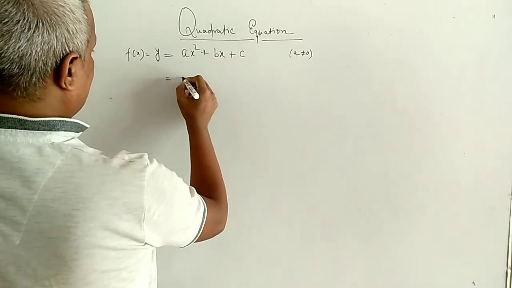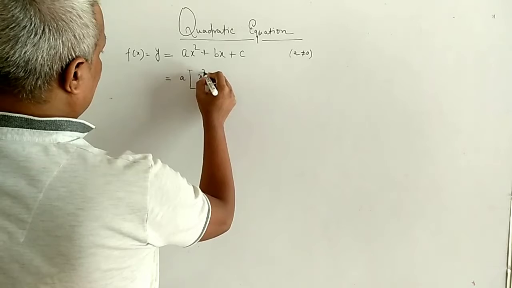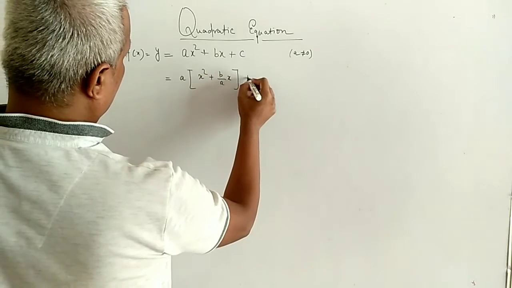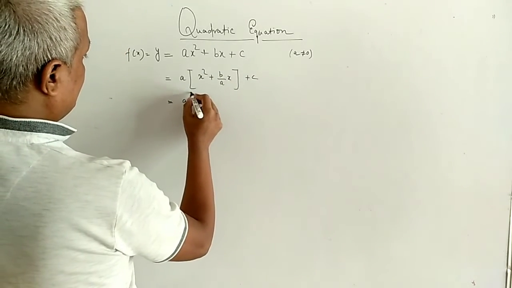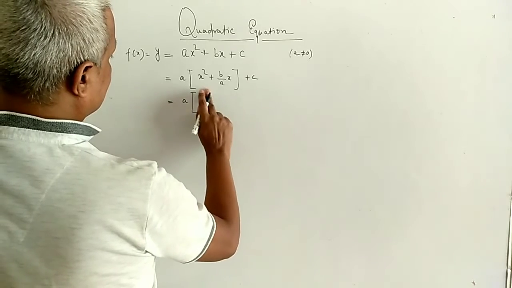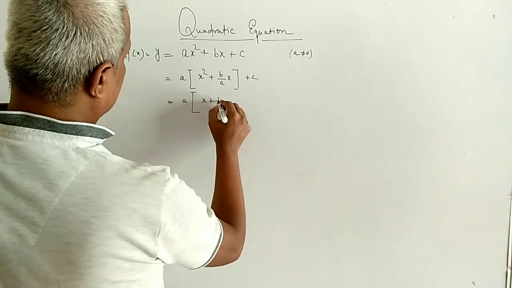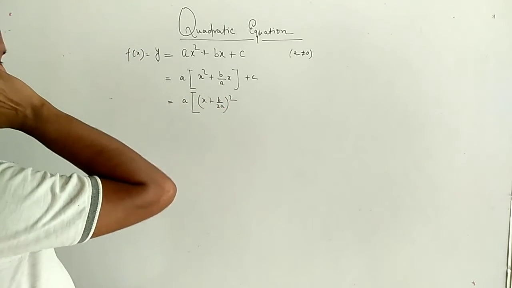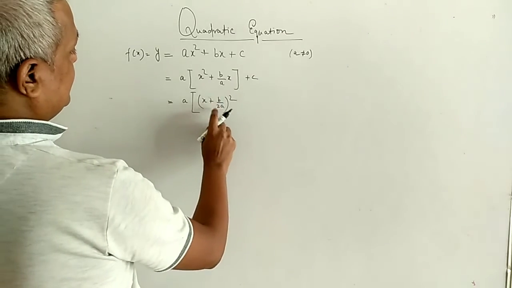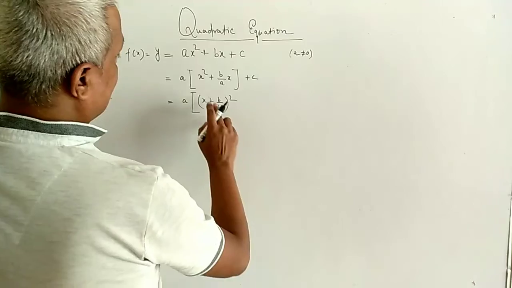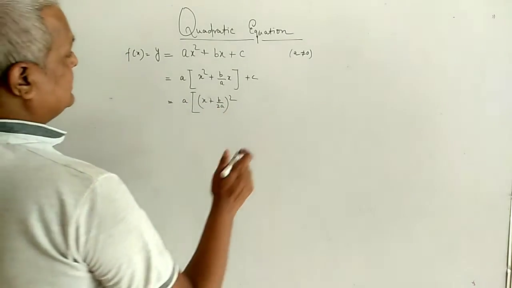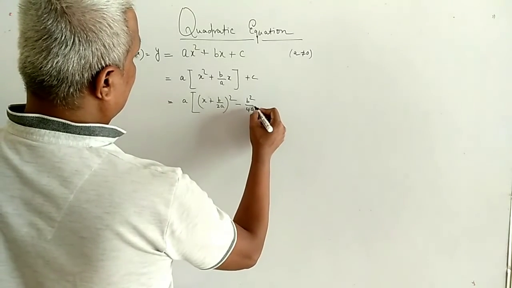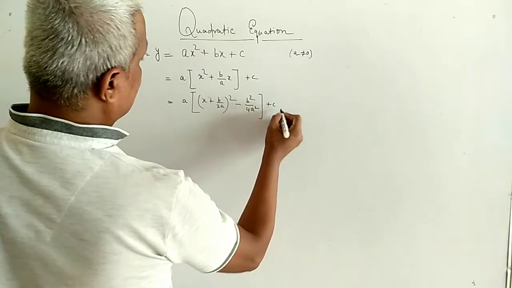I have taken a as common, then I'll go by a times x square plus b by a x plus c. So here, I can write this as a times x plus b upon 2a whole square. Just like in the previous case, I have included b square over 4a square positive inside this, then I have to make b square over 4a square negative inside this to compensate.